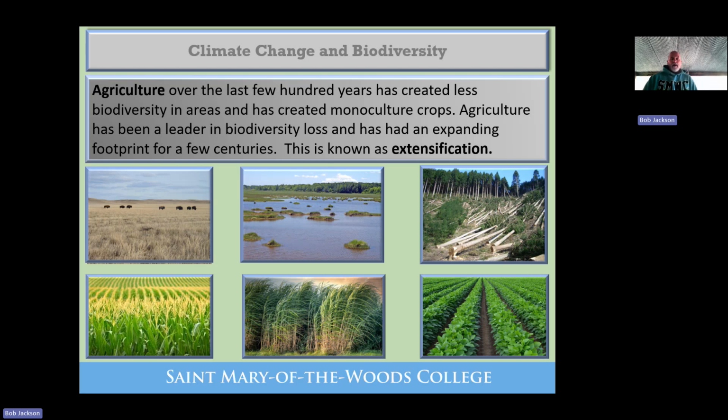Okay. But anyway, agriculture has been needed for us to produce the crops that we need to sustain the human population. However, that tends to do away with biodiversity, which brings about problems.